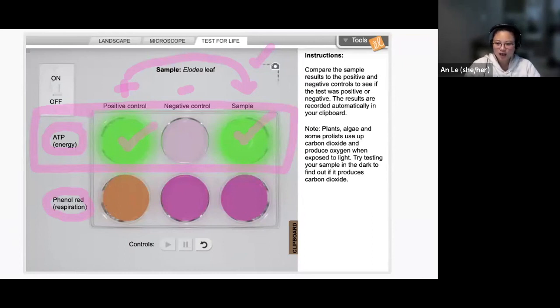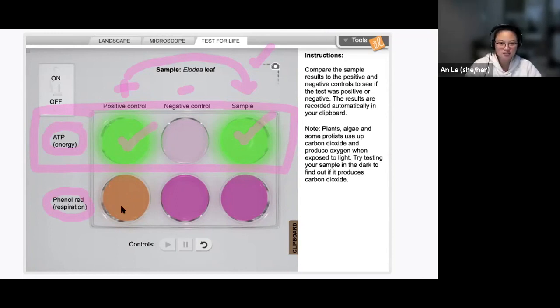Yeah. What color are you expecting, Camilla? You can type this in the chat or say it out loud. What color should it be if it was acidic, if it did respire, if it did have acid? What color are we looking for here? Yeah, the same as the positive controls.